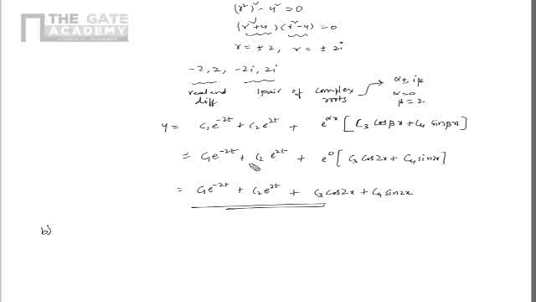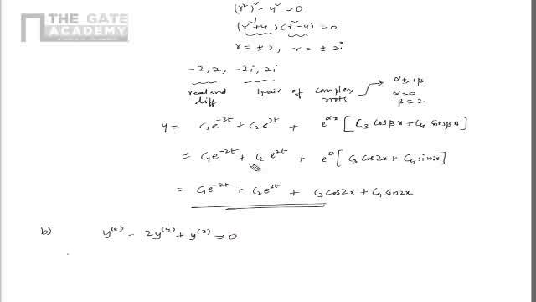Okay, now coming to the b bit. y to the fifth minus 2 y fourth plus y triple prime is equal to 0.